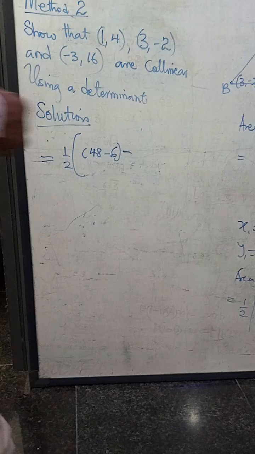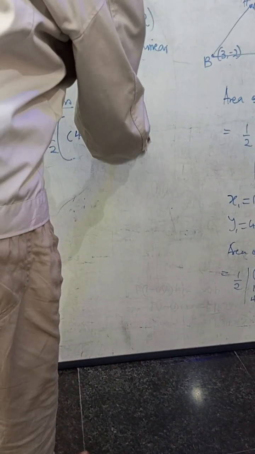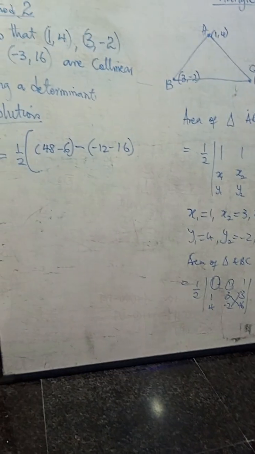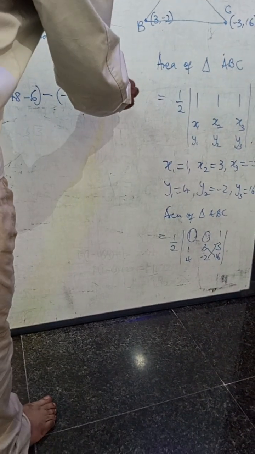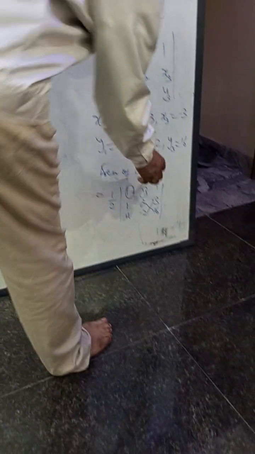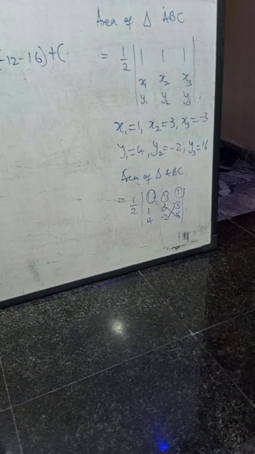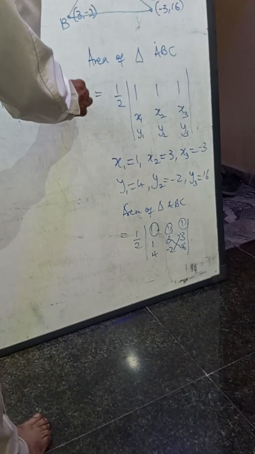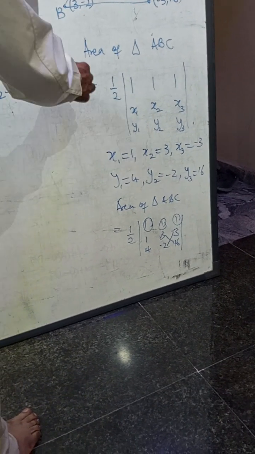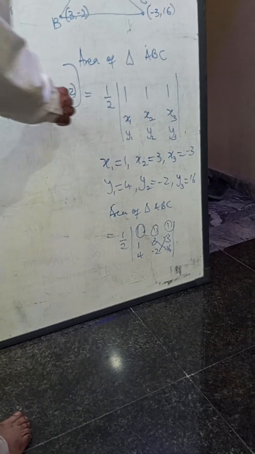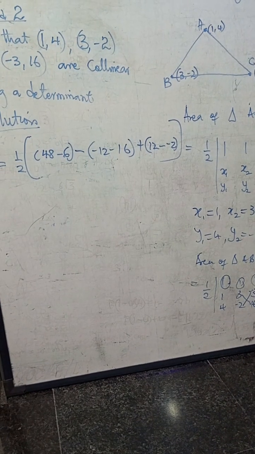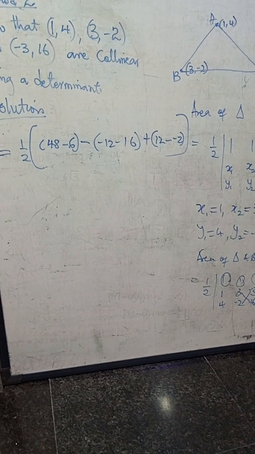So let's see how that works. We have 4 times -3, we have minus 12. That is this times this, and minus 16. And then plus this time, we pick these points. So we are going to have 4 times 3, which is 12 this time, minus 1 times -2, which is -2. So I want us to look at that for a while, and if you can use your jotter and solve that and see what you are going to get.